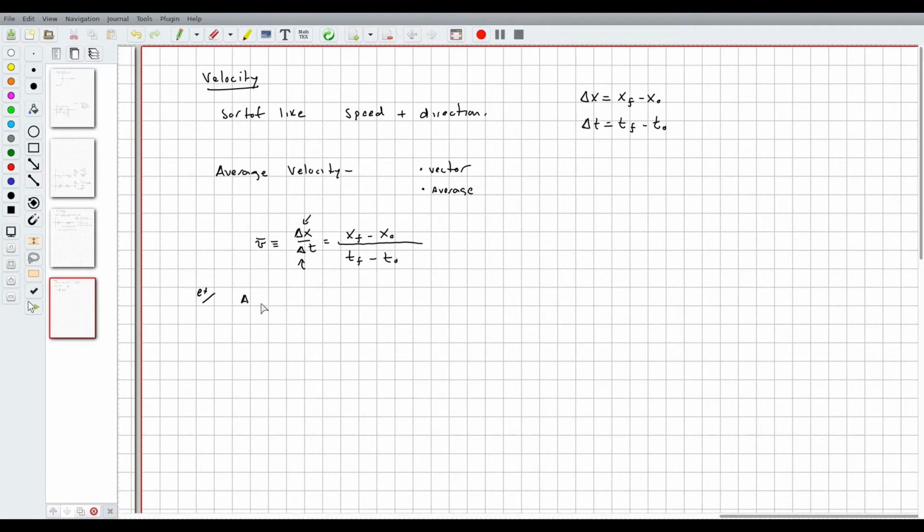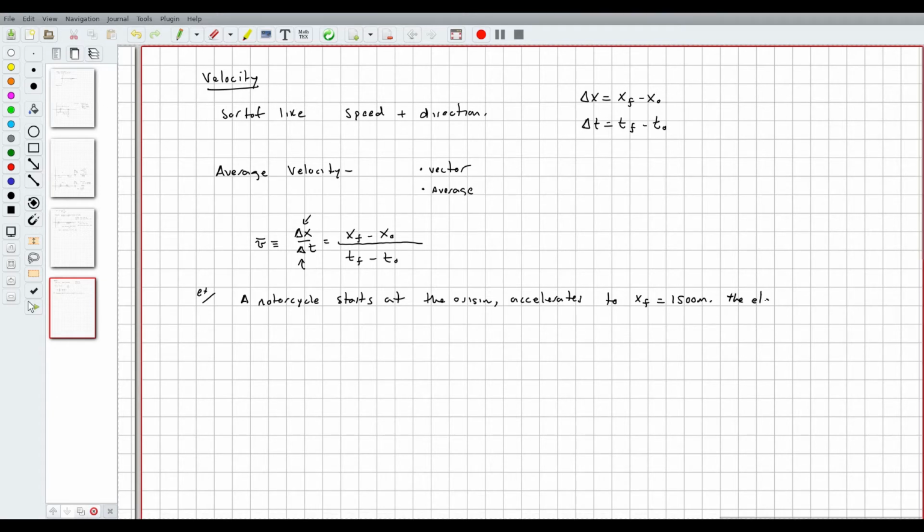Example: it starts at the origin and accelerates to a final position of 1,500 meters.